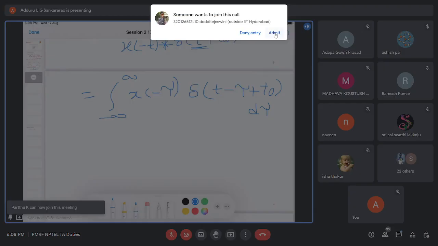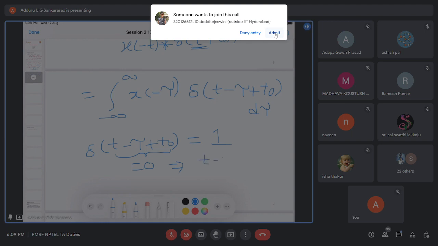So del of t minus tau plus t naught is 1 only when the inside quantity is 0. That implies, when the inside quantity t minus tau plus t naught is 0.